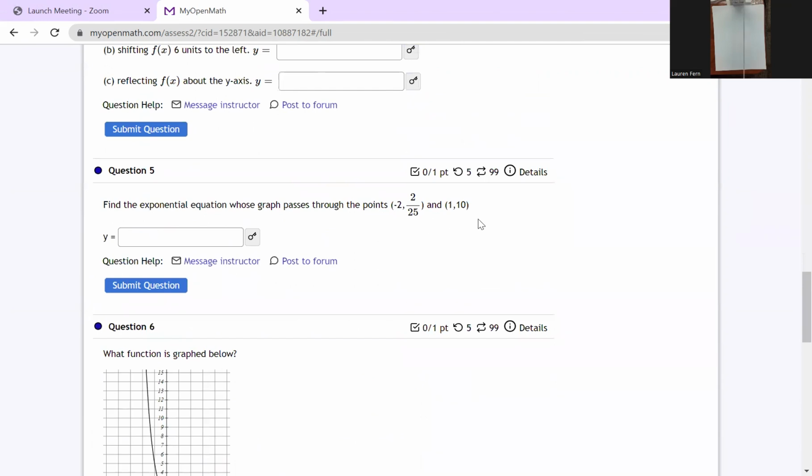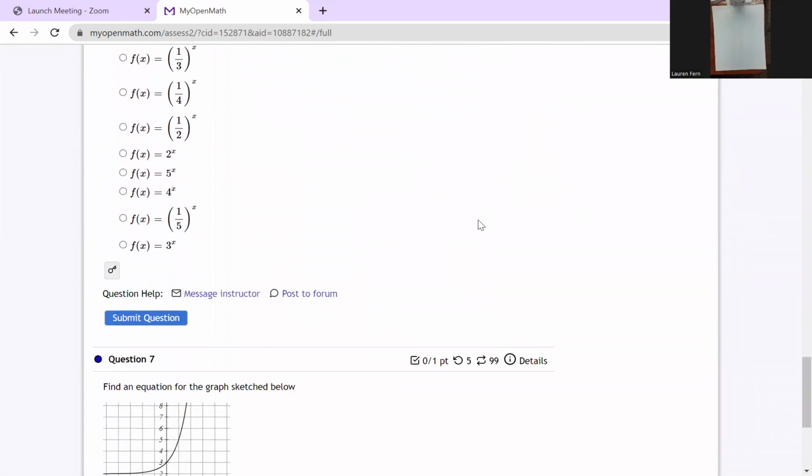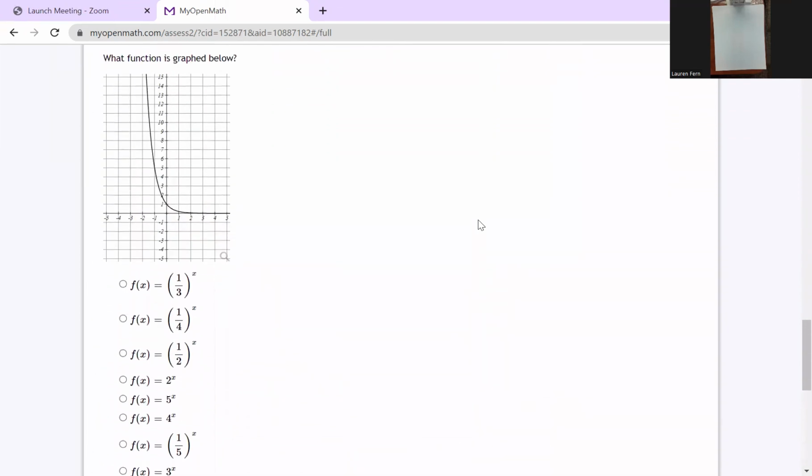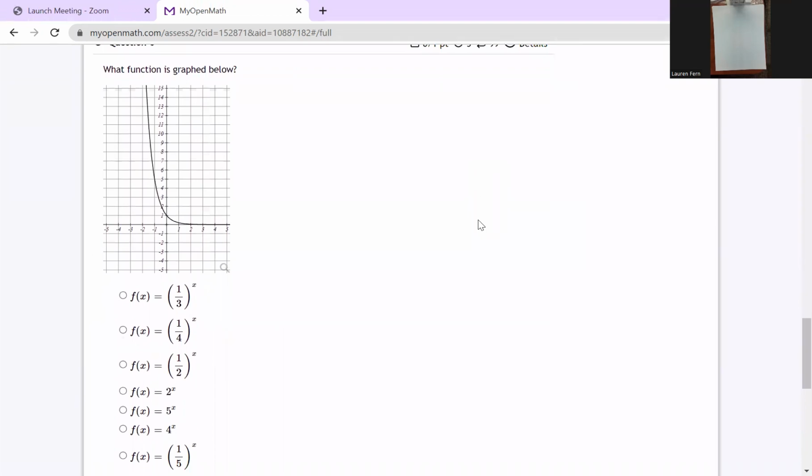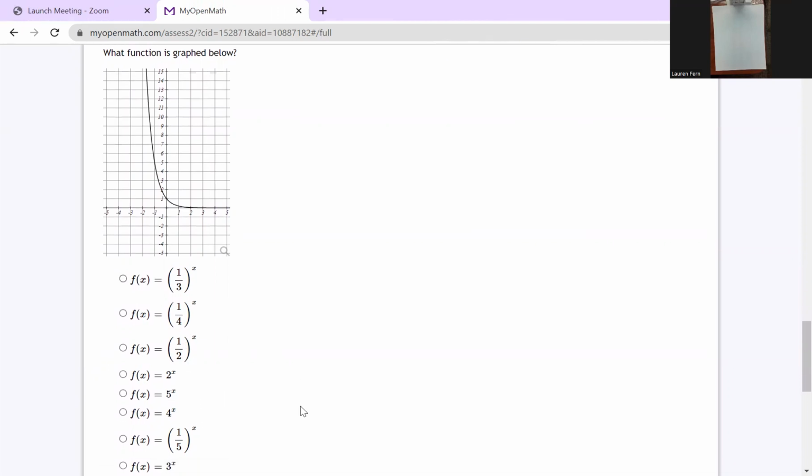This is actually a 4.1 question. Don't forget how to find the equation of an exponential function when it passes through 2 ordered pairs. That was from last section. And then we have 2 more where you're playing match. What I would suggest you do here, first notice this is decaying. So it can't be any one of these 3, can it? No, it's got to be one of these 4.